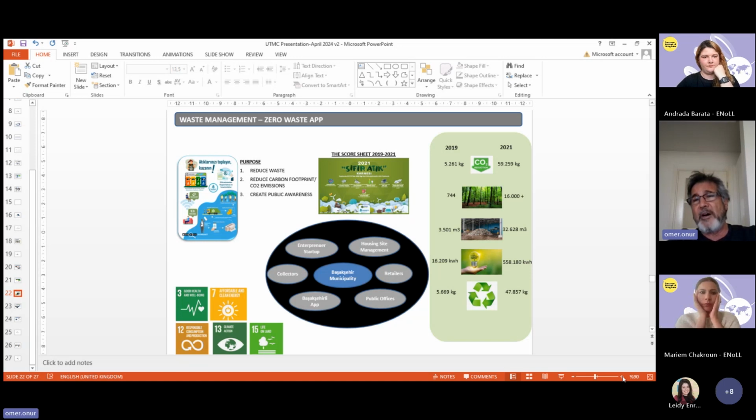They are providing vouchers to citizens using this application and recording their waste collections. With these vouchers, they can go and purchase certain goods from certain shops in the city. And also, the developer of this application has started measuring the impact on green, on carbon emissions, on waste collection, and on how much recycled waste we are collecting throughout the years.